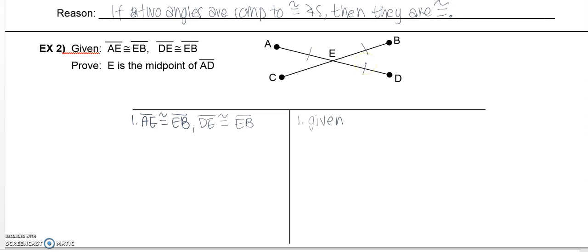Right now, I do not have that AE is congruent to ED, but I can say that based off of the transitive or substitution property. And that reason is transitivity of congruence.